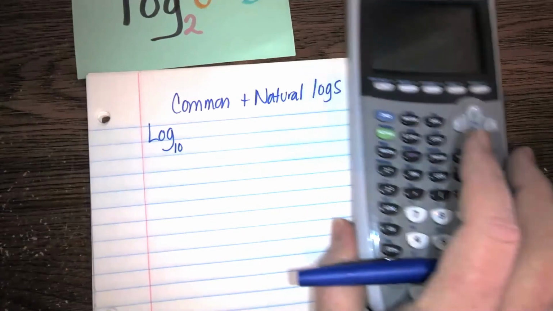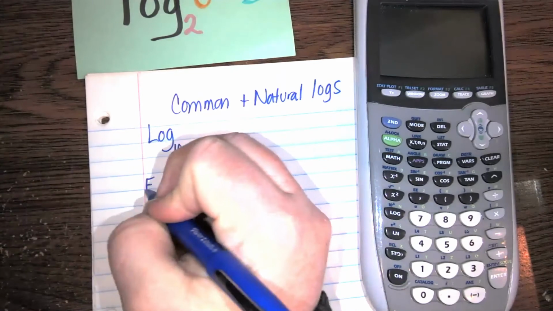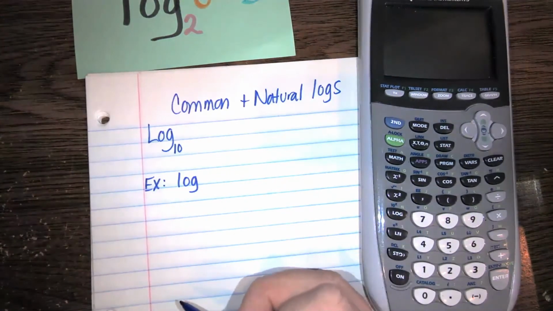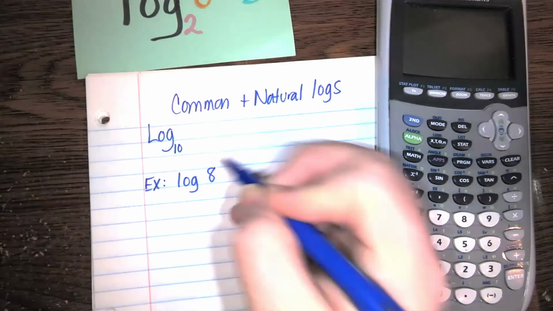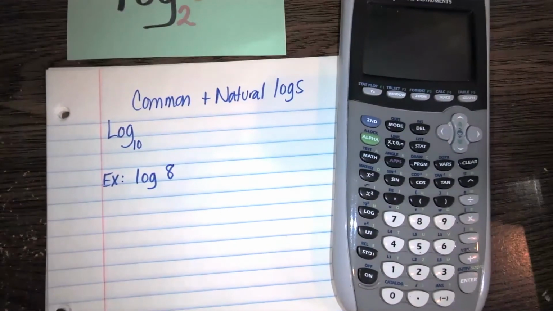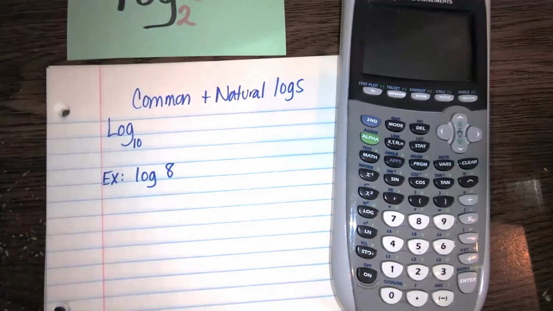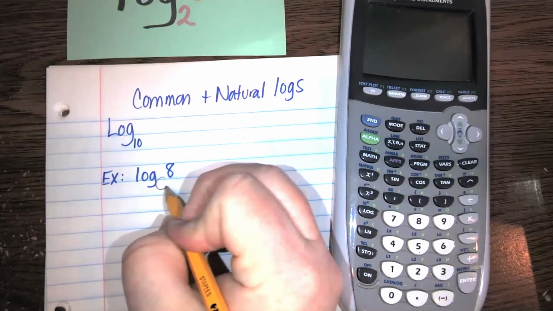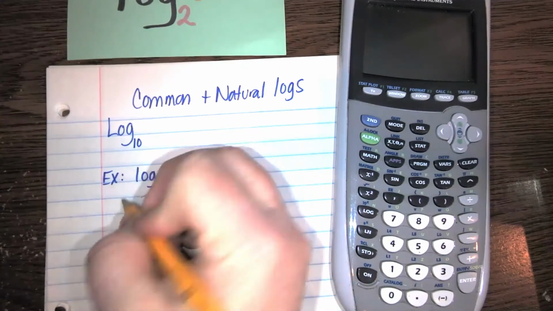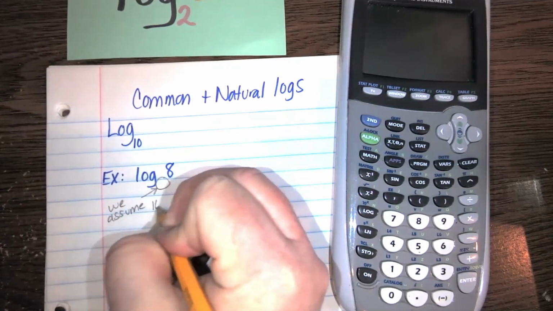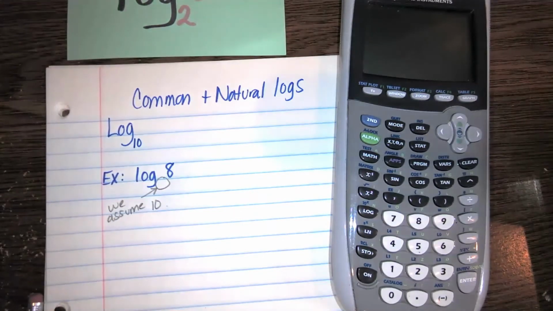Okay, so for example, and what it'll look like is this. It'll give you the answer log 8. Notice there's no little number down here, okay? So see how there's no little number down there, okay? We assume, if you don't see a number down there, you assume it's a 10, okay?